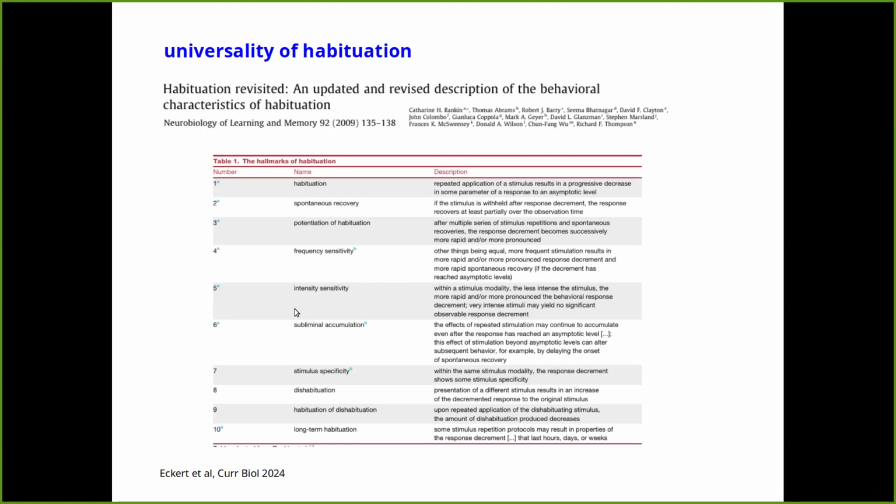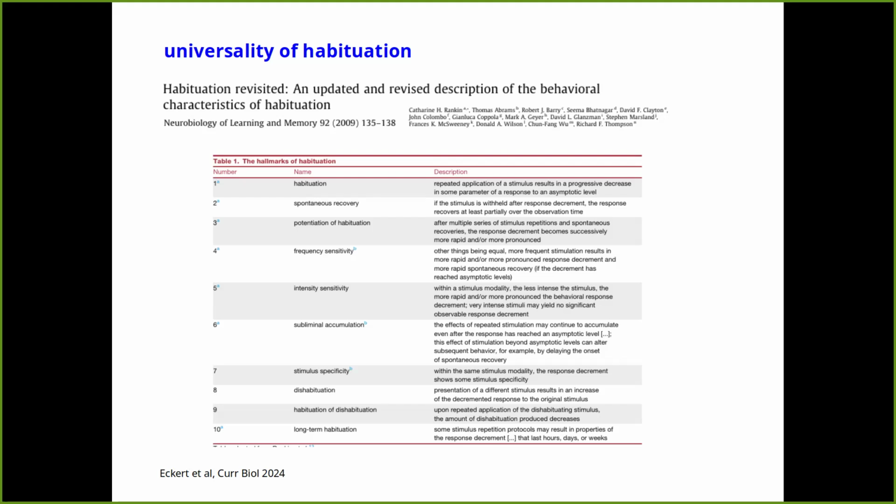If you increase the intensity, what happens is actually the habituation becomes slower, it's less responsive. And then there are other things that you can do. You can habituate, you can wait a period of time so that the habituation response declines, and then you can rehabituate. And what you find is that the rehabituation is typically quicker. So there's potentiation of habituation.